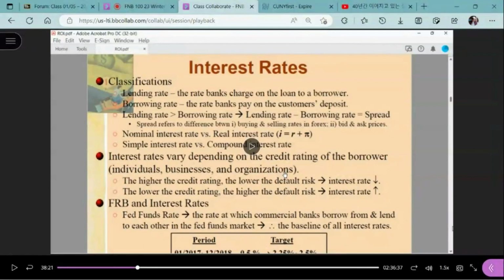It has shot up by about 4%. I'm talking about the benchmark interest rate, or Fed funds rate. Until January of 2022, the benchmark rate was just about 0.5, and now it is like 4.25 to 4.5. So it has shot up about 4% over a one-year period.